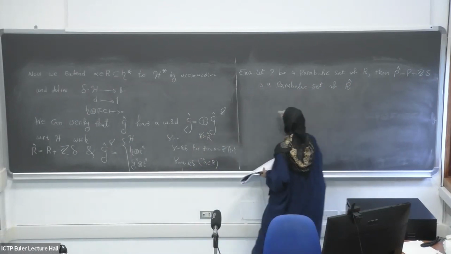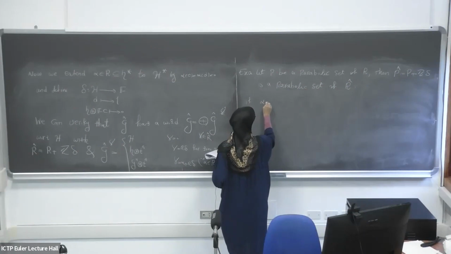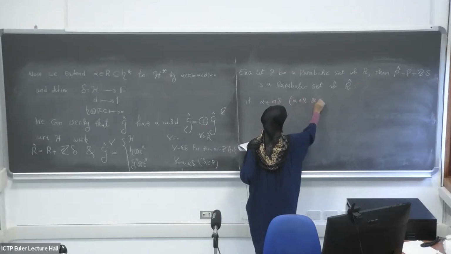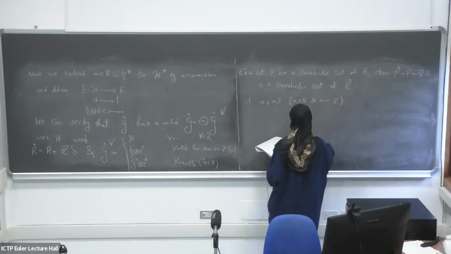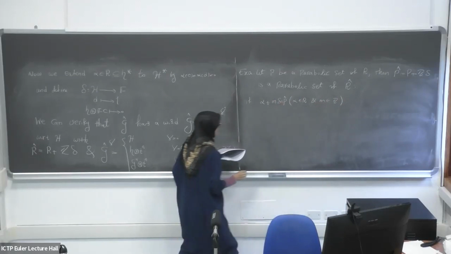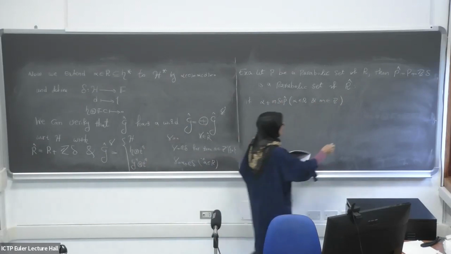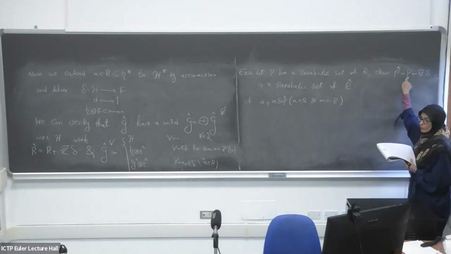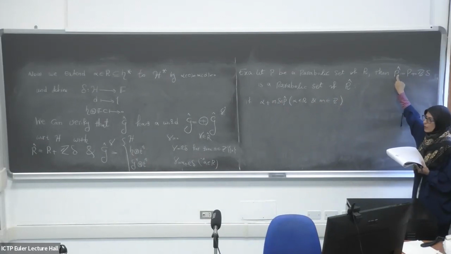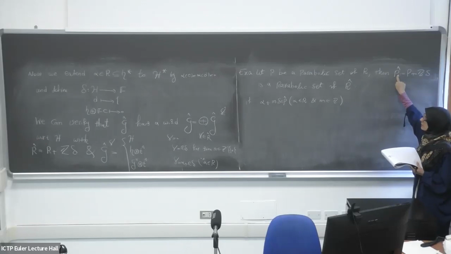Look at this. If alpha plus m delta, where alpha is an element of R and m is an element of Z, is an element of R hat, then look at this. P contains 0, so all elements of Z delta are elements of P hat. Then what do we get?